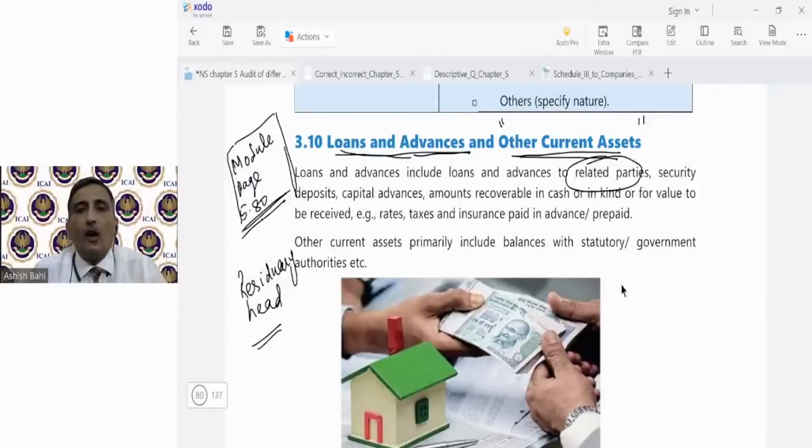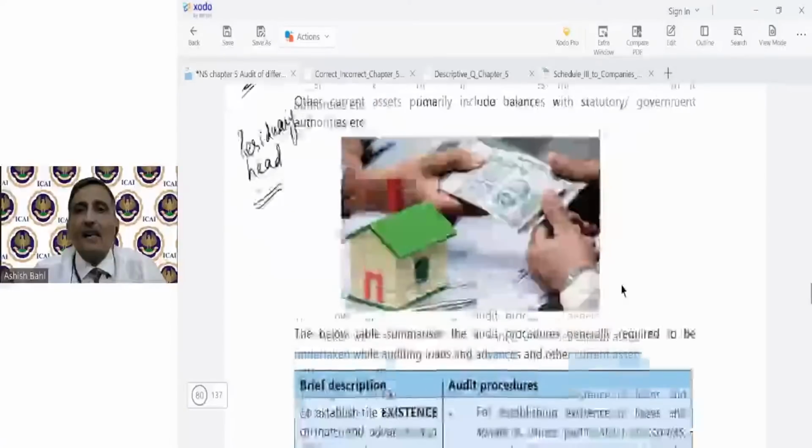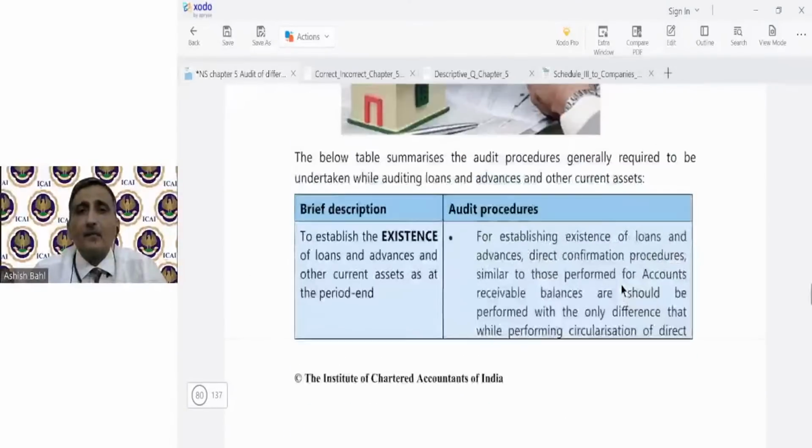Okay. So how to verify loans and advances and other current assets? How do we verify, first of all, the existence of such loans and advances? How to test the assertion relating to existence pertaining to loans and advances? Obviously, like in case of trade receivables, we had relied upon direct confirmation procedures.